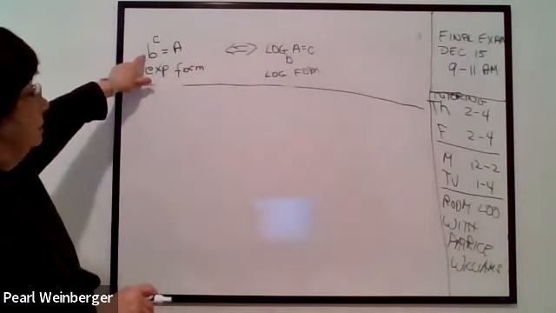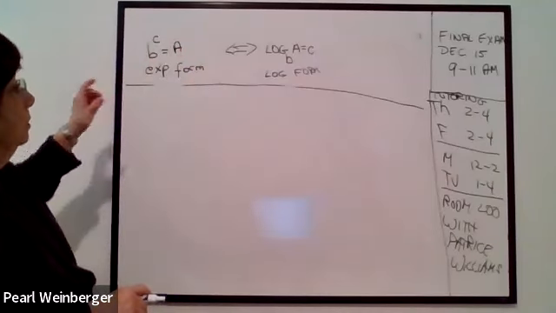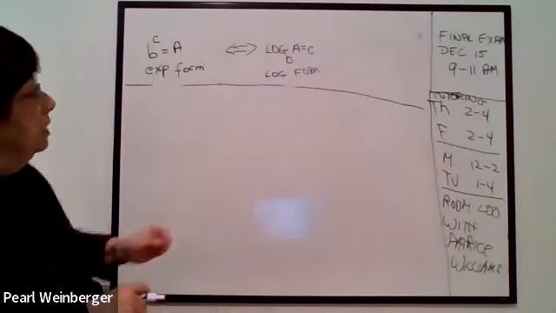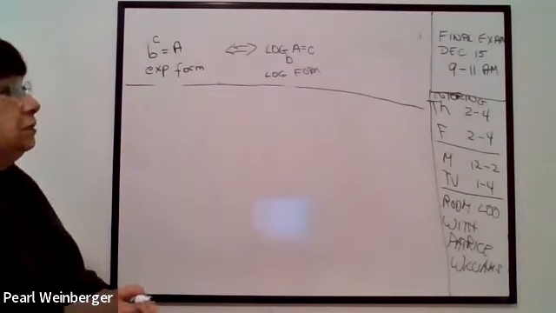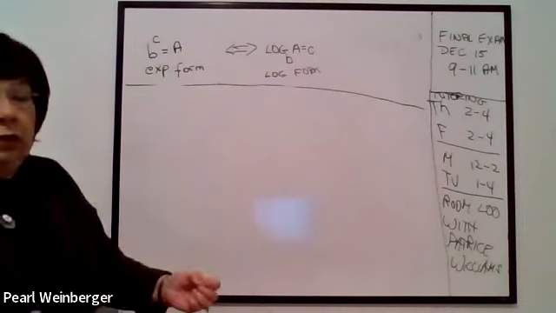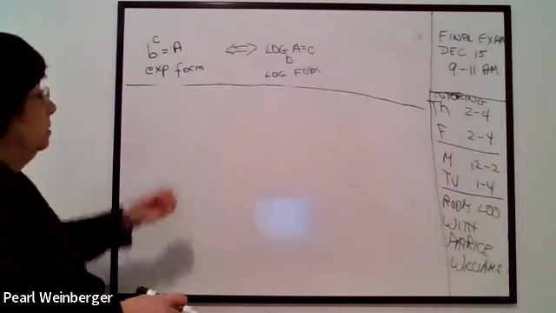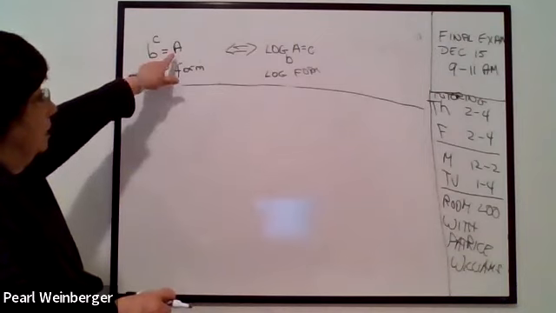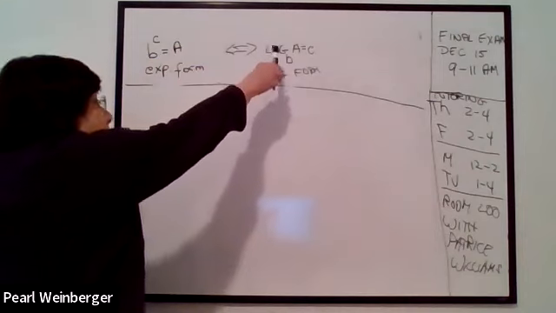The base is the subscript. The number on the other side of the equal sign, what the log is equal to, is the exponent, because the word log really means exponent. And the number that you get, the a, goes right next to the word log.